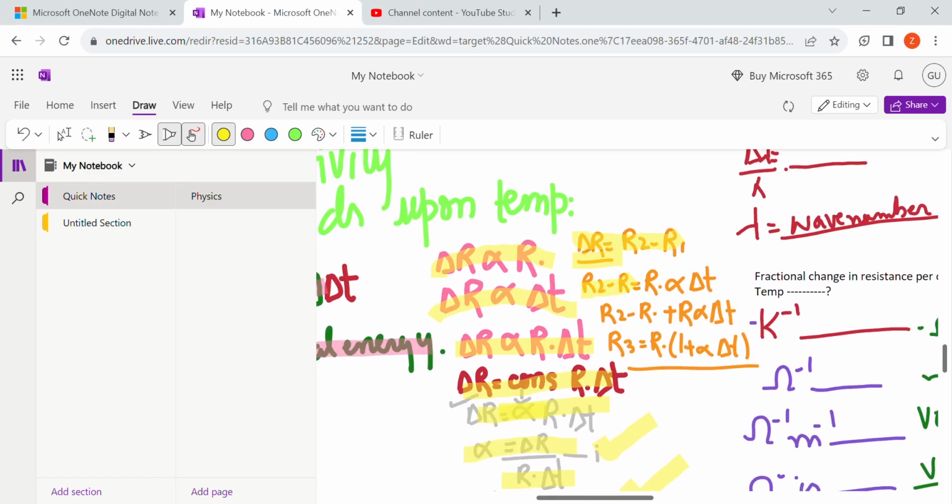R2 minus R equals del R. Here is the whole formula written. So this was our last equation.